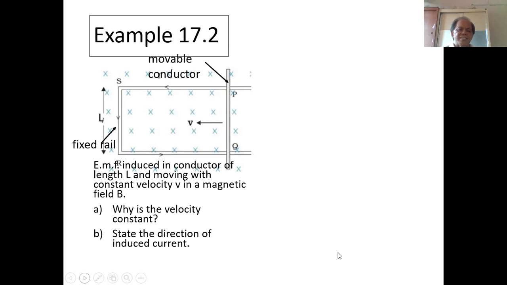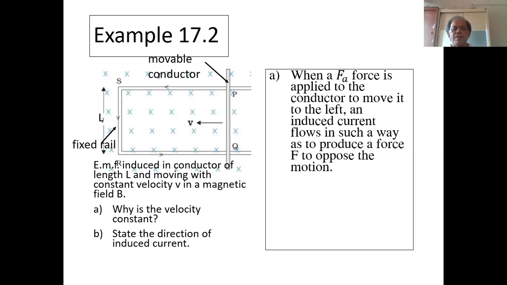Why is the velocity constant? Because we apply a force.